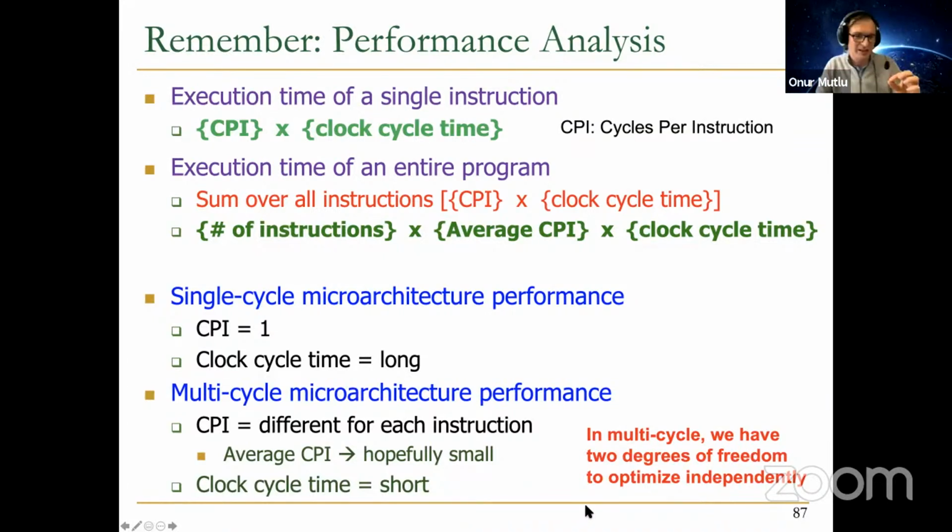That's not absolutely correct, clearly, right? Because you cannot make it shorter than some level. And remember the setup and hold times, and the clock skew that we discussed in timing verification. Those will be the limits of how short you can make your clock cycle.